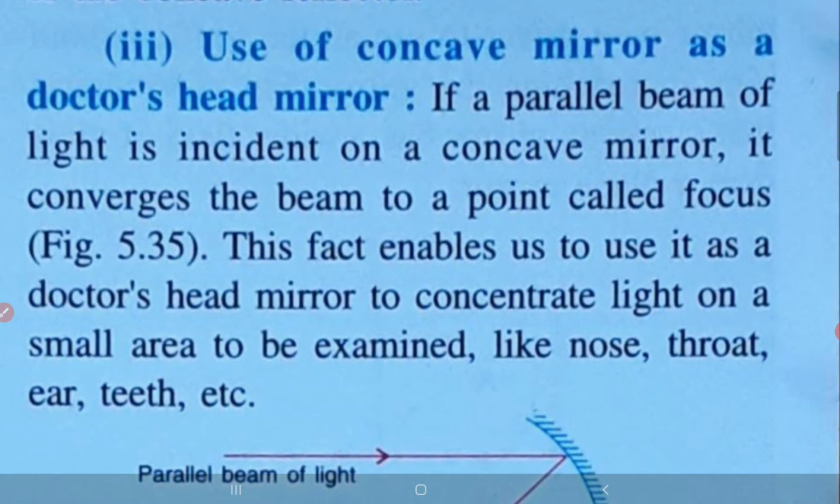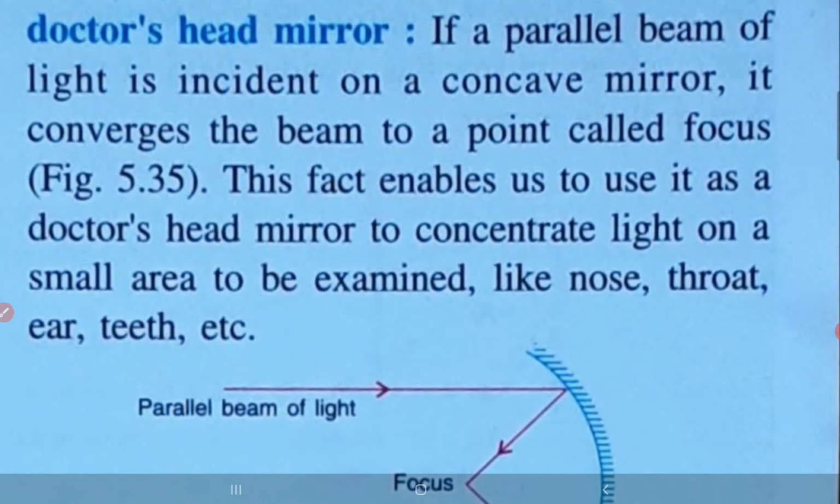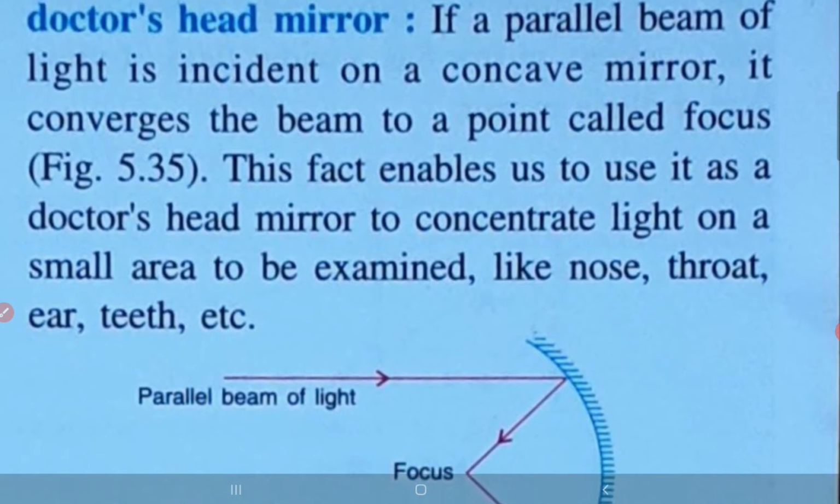If a parallel beam of light is incident on a concave mirror, it converges the beam to a point called the focus. This fact enables us to use it as a doctor's head mirror to concentrate light on a small area to be examined, like nose, throat, ear, teeth, etc.